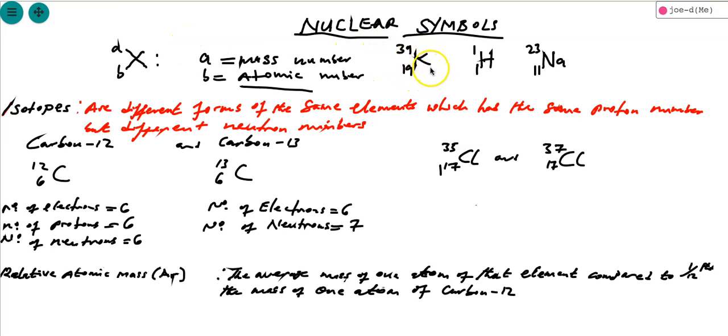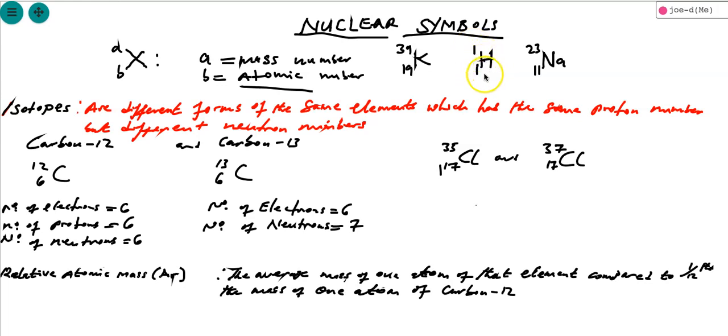We got our potassium here. Potassium has atomic number 19 and the mass number is 39. The previous example we looked at, that's the potassium. Another one we've been given is hydrogen. If you look at the symbol, the bottom number is always the atomic number and the top is the mass number.